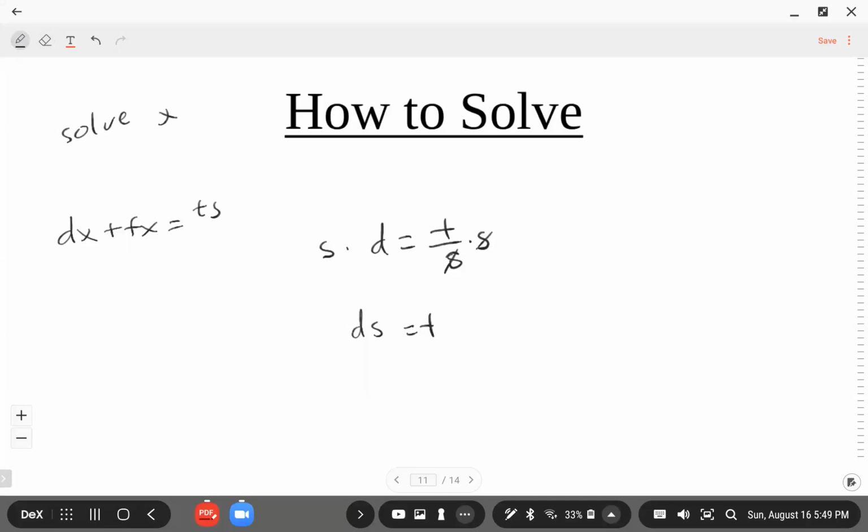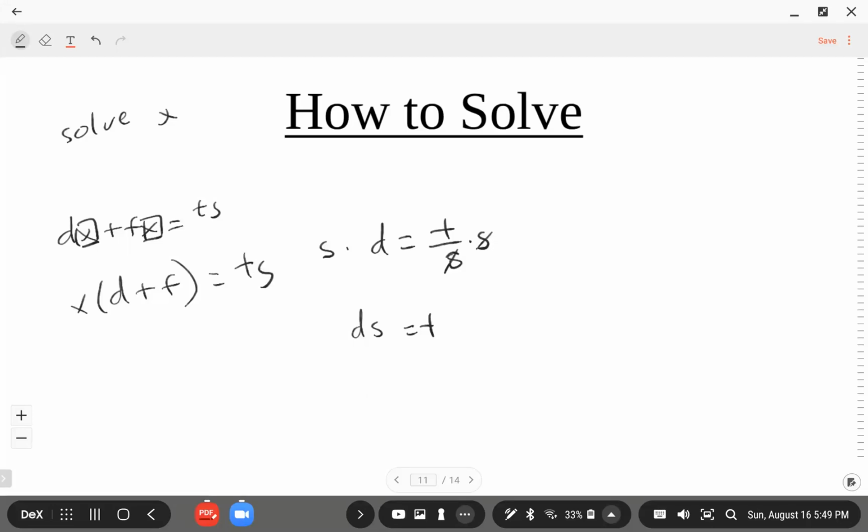And there's this thing called factoring. You factor. So let's find a common factor of dx and fx. The common factor is x, of course. Both of them are multiplied by x, and then we can factor into this. We're basically just doing the distributive property backwards, right? And then we get this.